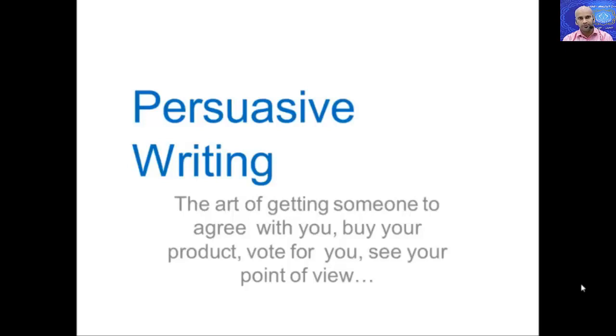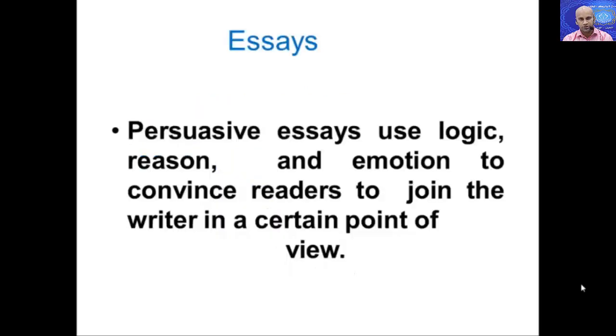This is persuasive writing. So you need to persuade the reader to come to your viewpoint. So what are the techniques that we can use? It includes logic, reason, emotion to convince the readers to join the writer in a certain point of view.